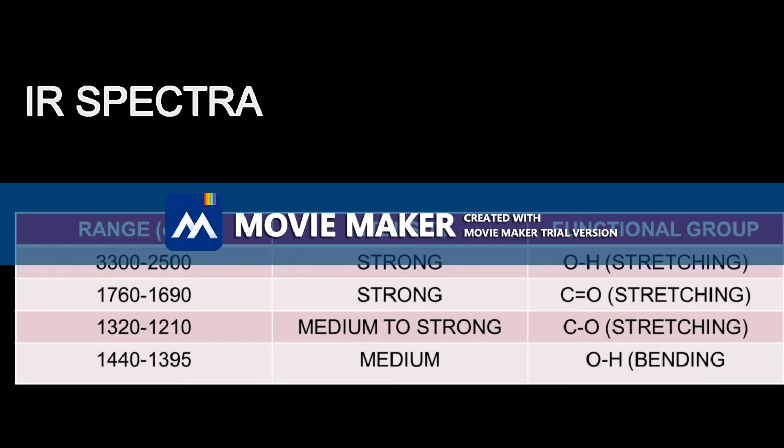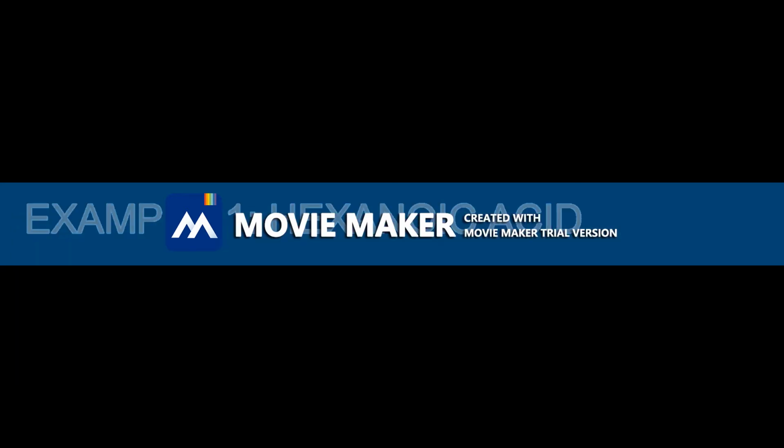Lastly, the OH group forms a bending spectrum in the IR spectra, and the intensity of the spectrum is medium. The range for this OH bending is around 1395 to 1440.